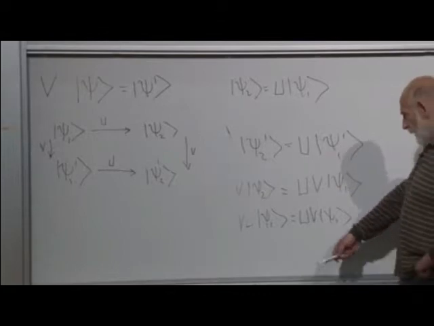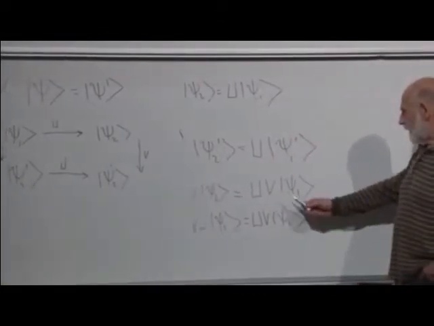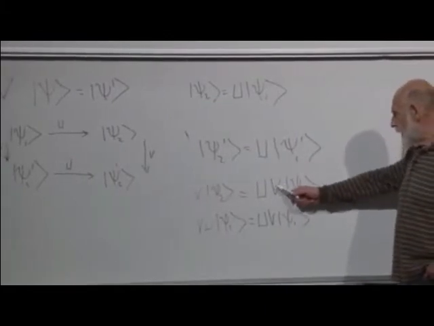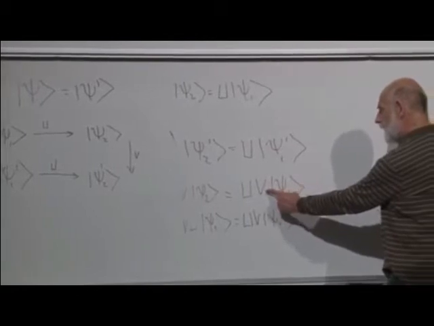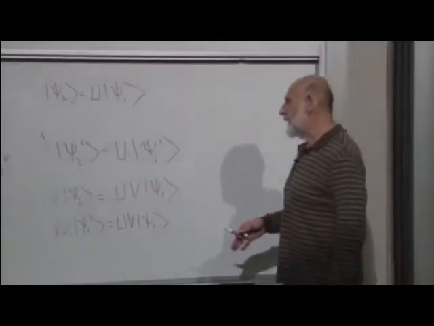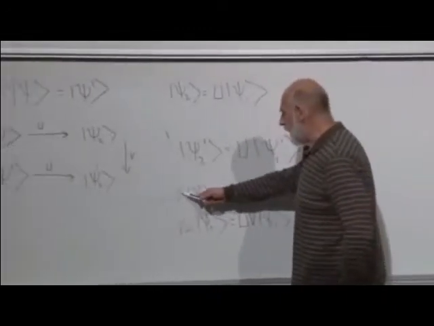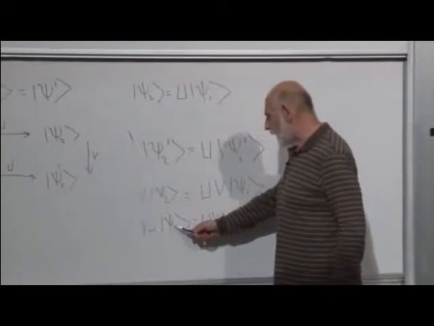All right. So we have u v times psi 2 is u times psi 1 prime, and psi 1 prime is v times psi 1. Okay, that's the right-hand side. The left-hand side is v on psi 2, but psi 2 is u times psi 1.